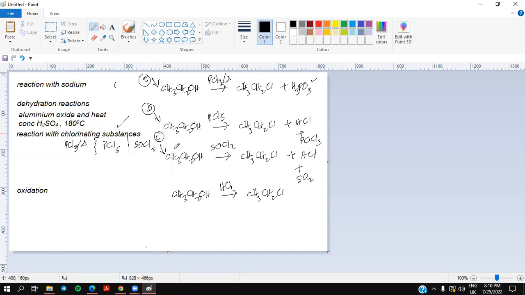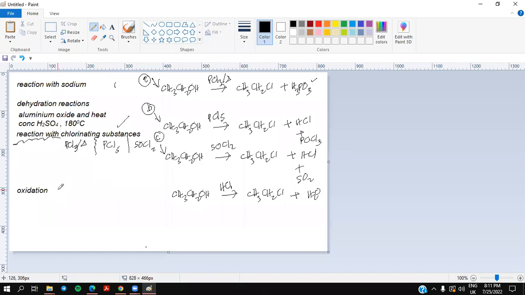Third reaction, if this alcohol is reacted with thionyl chloride, we get halogenoalkane, HCl, and sulfur dioxide also. However, if you use HCl, then we get H2O. So likewise, there are 4 things. This is for the reaction with chlorinating substances.